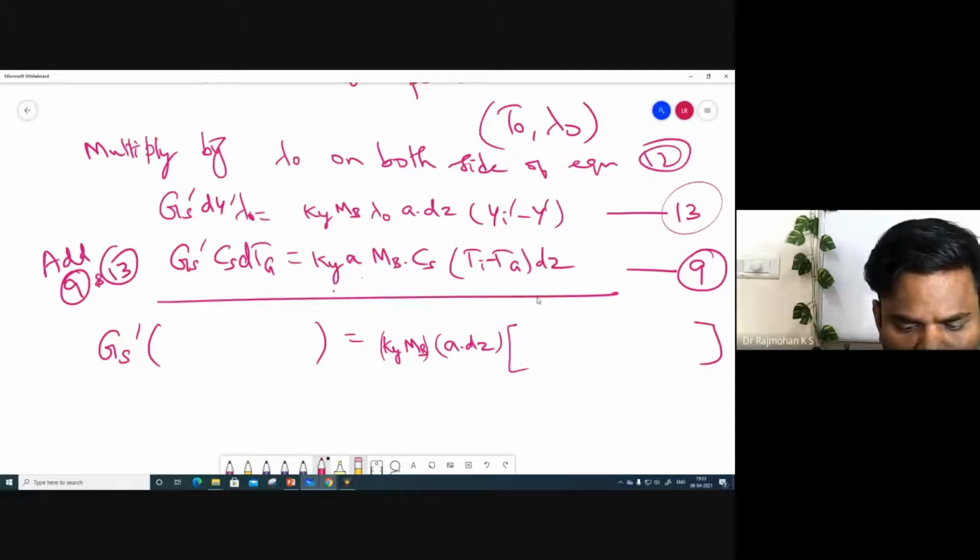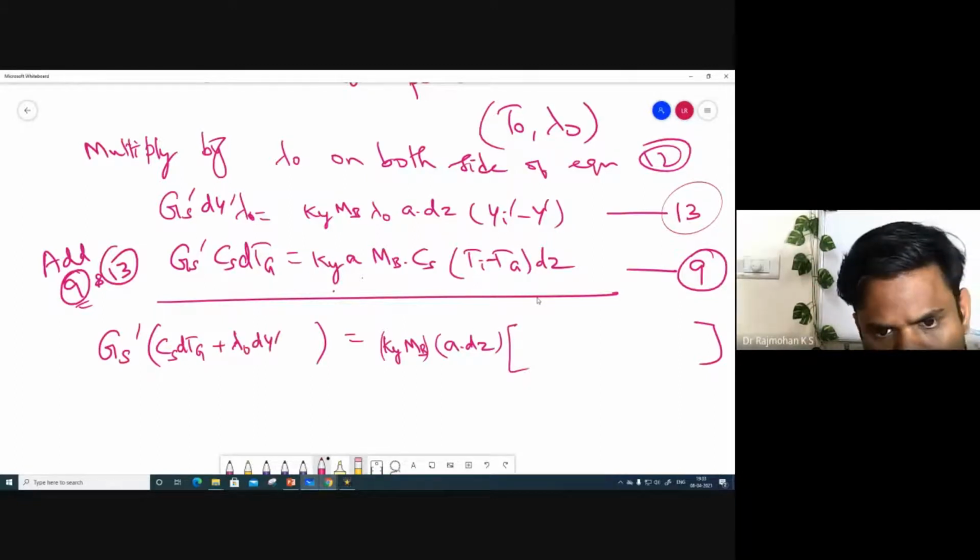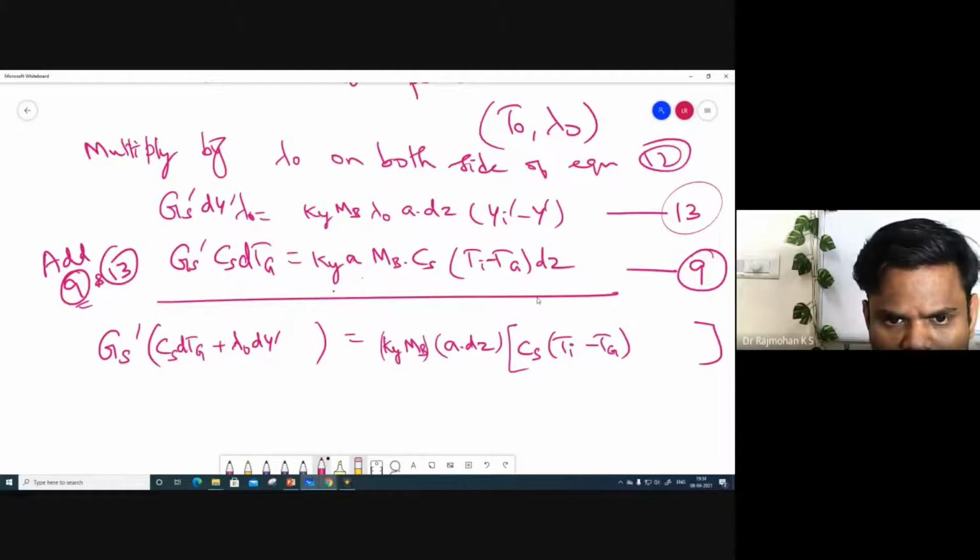So we get Gs' (Cs dTg plus lambda naught dY') is equal to ky mB a dz into (Cs into (Ti minus bulk Tg) plus lambda naught into (Yi' minus Y')). This is the equation we have on the left hand side and right hand side.